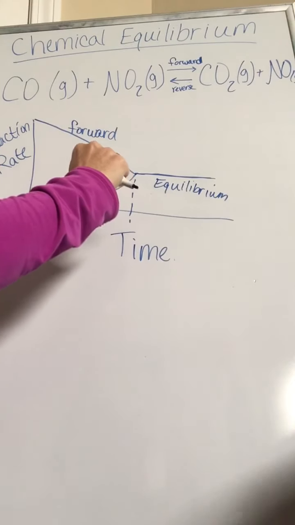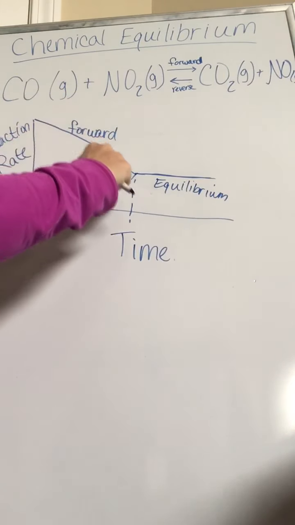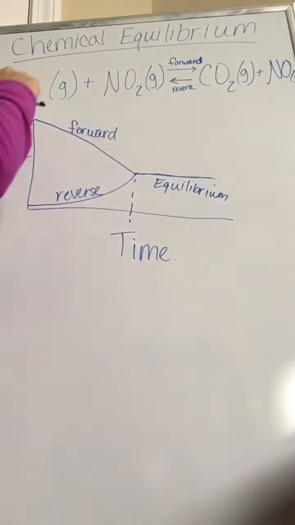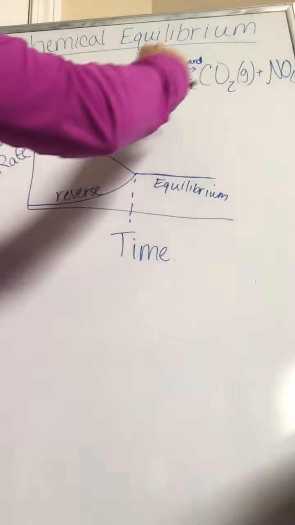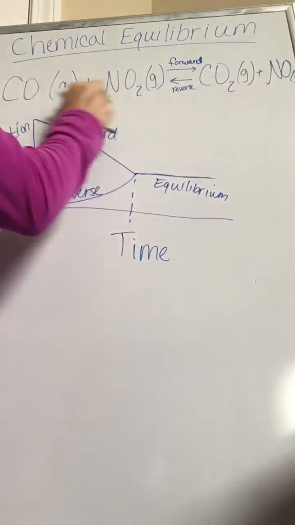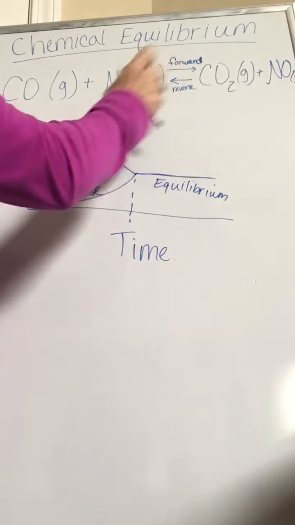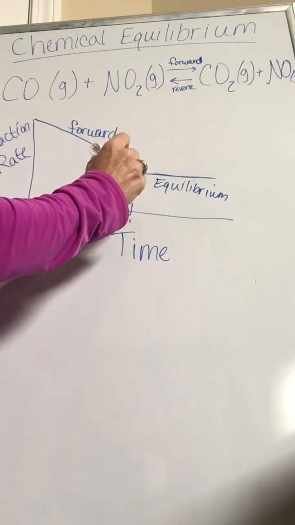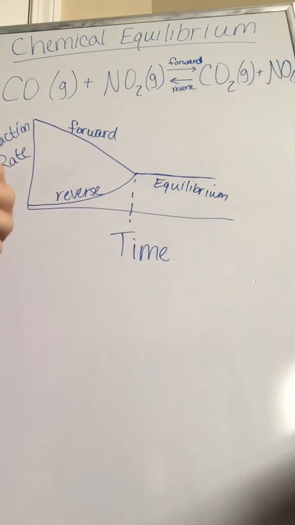The reverse reaction is increasing as the forward reaction is decreasing, which makes sense because we're using these up. These are getting lower in concentration. These are getting higher in concentration. So these are going to start reacting more. These are going to start reacting less, till they get to the point where they're reacting at the same rate, which is right here. And from that point on, there's no push in one direction or the other.